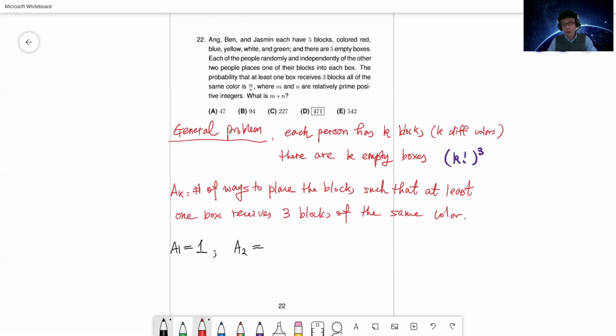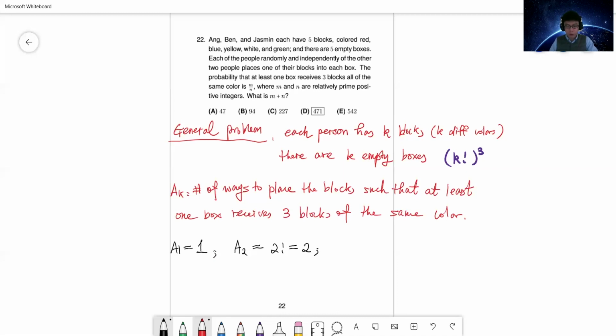Suppose we have 2 boxes, and each person has 2 blocks. At least 1 box receives 3 blocks of the same color because we only have 2 boxes. So that means both boxes will have blocks of the same color, and there are 2 choices for the color. So it's just 2 factorial. A2 equals 2.